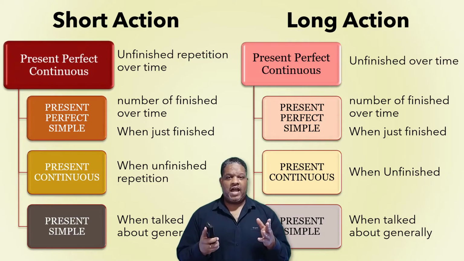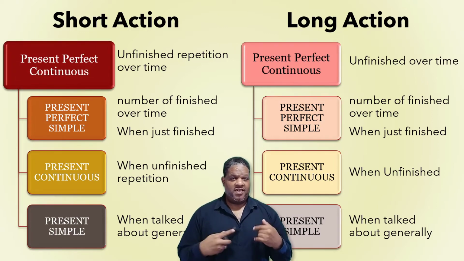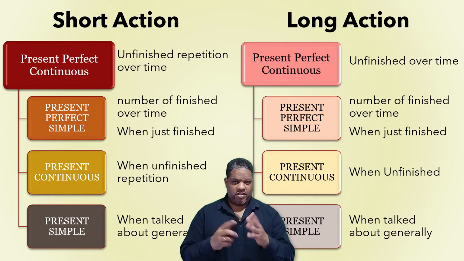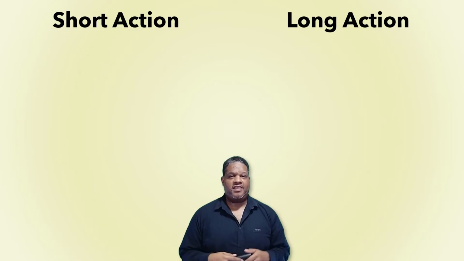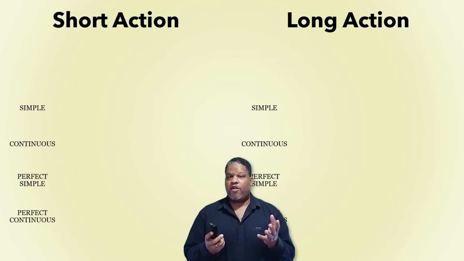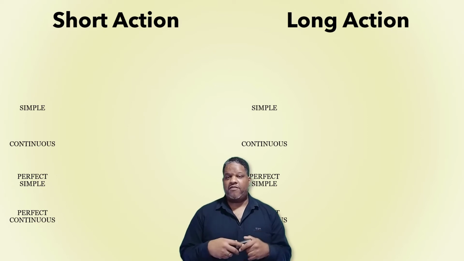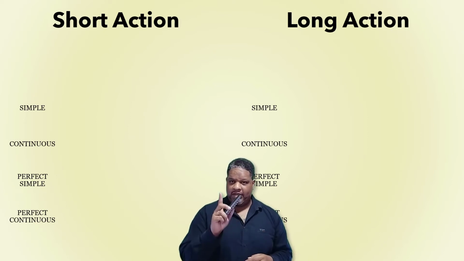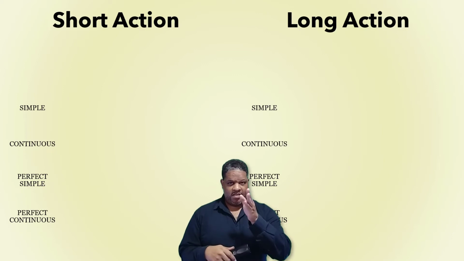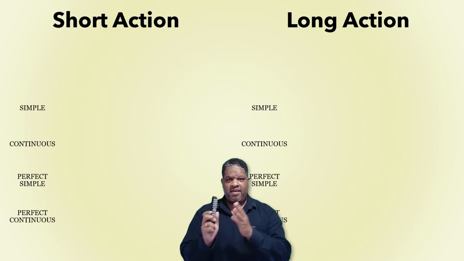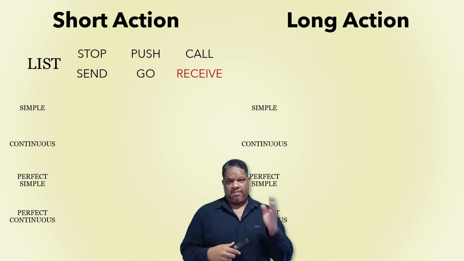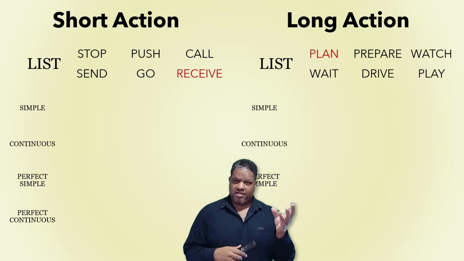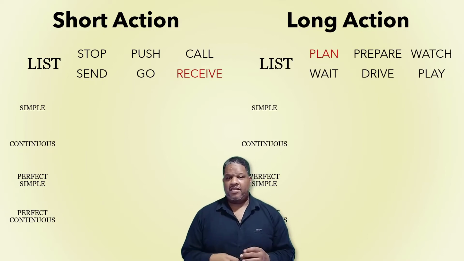So what I would recommend for you as an activity in order to really practice this is to find a verb list, a list of action verbs, not stative verbs, but action verbs. Divide it into column A and column B. Column A can be the short actions and column B can be the long actions.